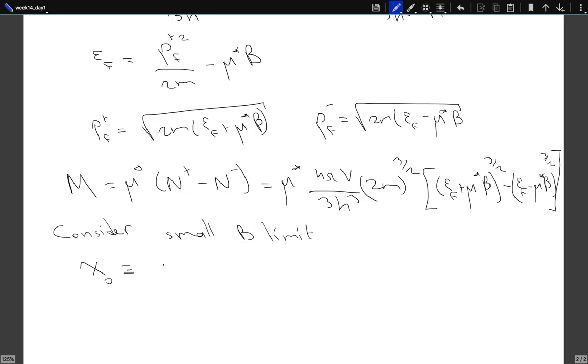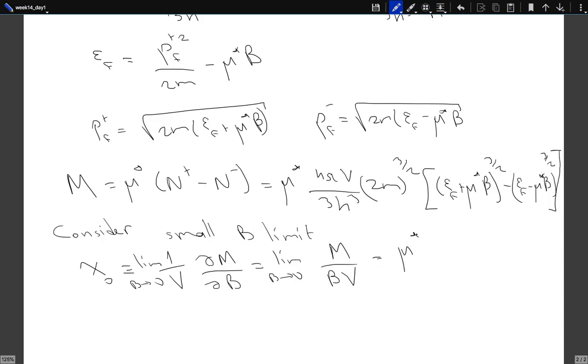So let's define this chi 0 to be 1 over V dM by dB, which is the same thing as the limit as B goes to 0 of M over BV, because M is 0 at B equal to 0 anyway. So this is nothing but the definition of the derivative. Well, if you just make a Taylor expansion of this, let's factor out epsilon Fermi to the power 3 halves from each one of these terms.